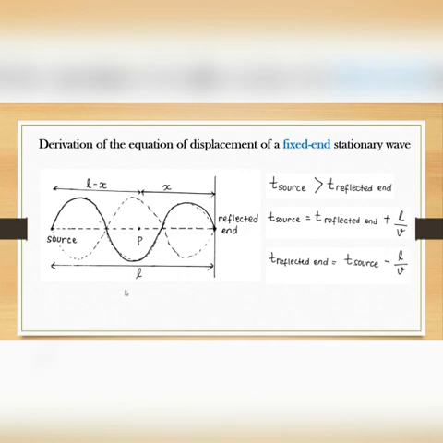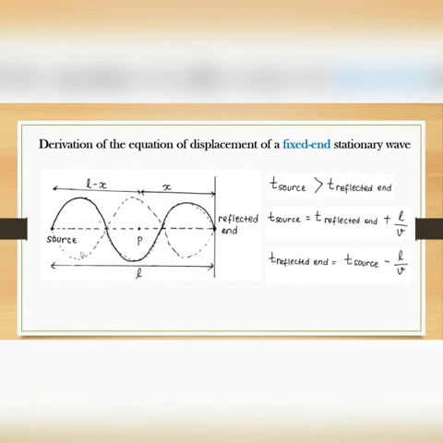Remember that a stationary wave is the superposition between two traveling waves. In this case, the traveling waves which are superposed are the incoming wave, the incident wave, and the reflected wave.